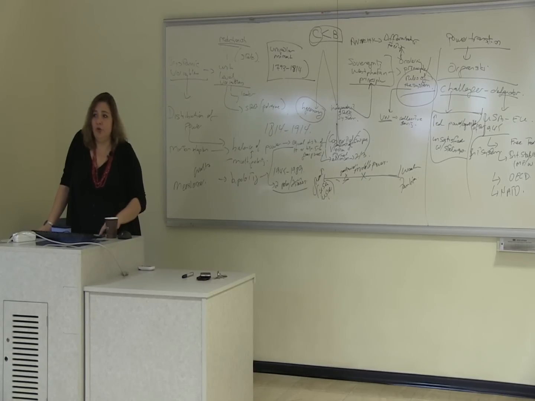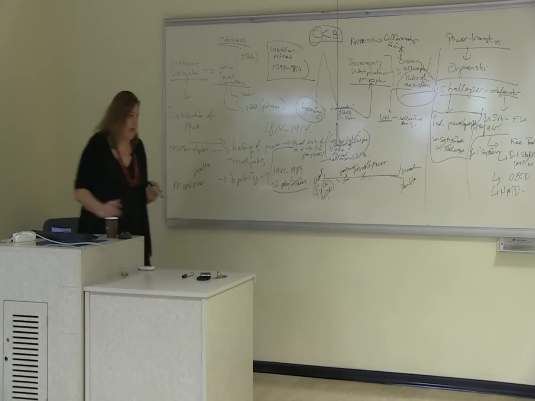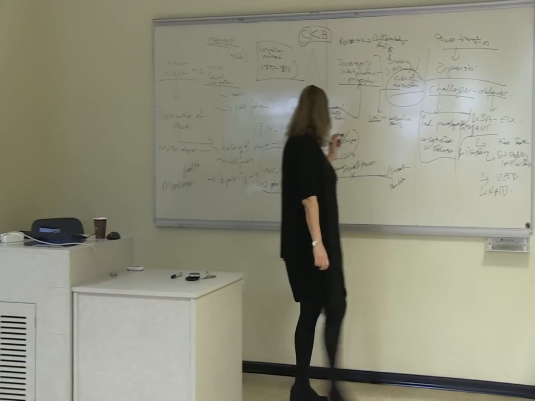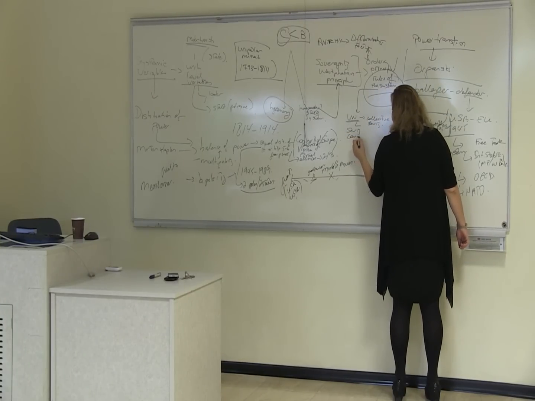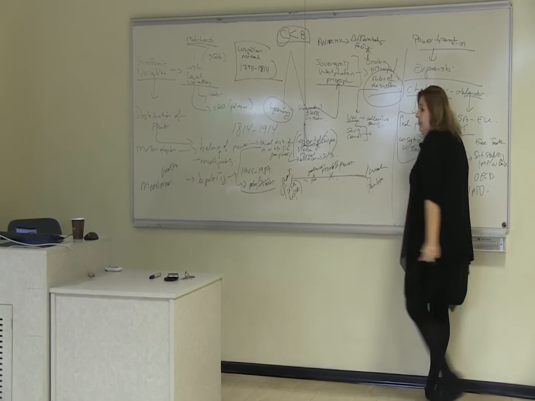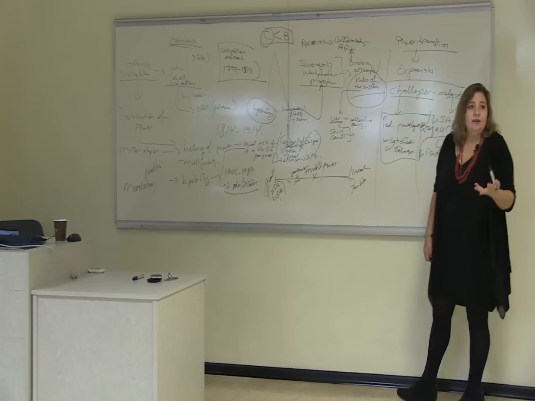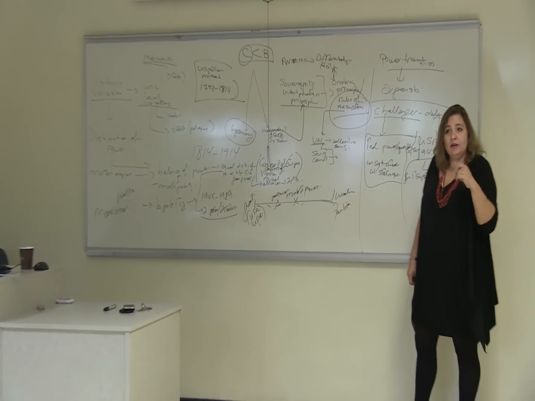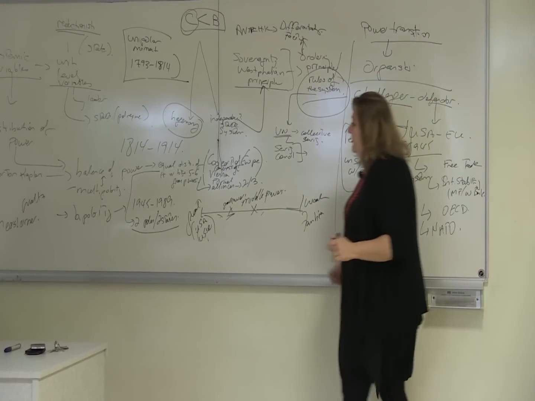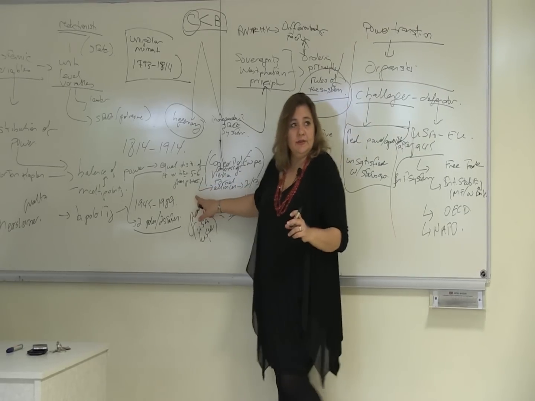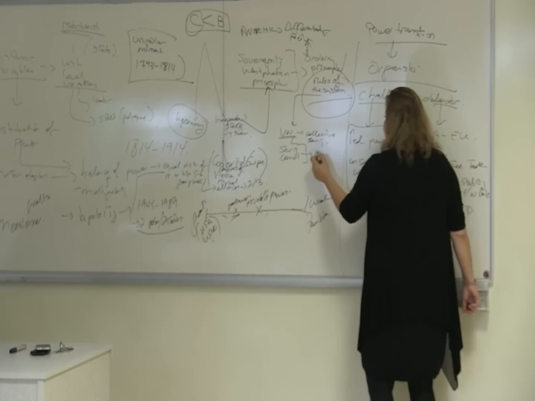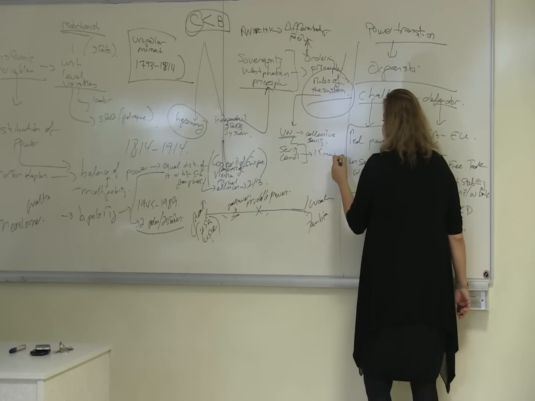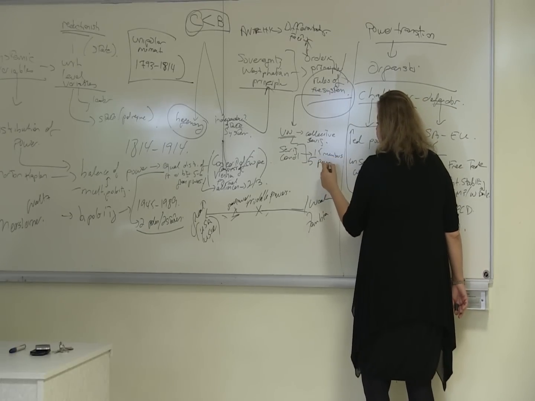Okay? Now, in order to enforce that rule, within the UN, we see the emergence of the Security Council. Now, the Security Council is, in and of itself, a continuation of the great power politics of the previous period, because you have 15 members within the Security Council, 5 are permanent.